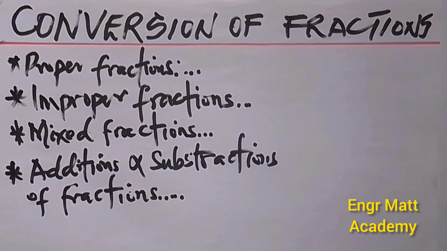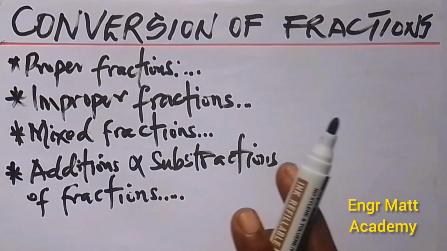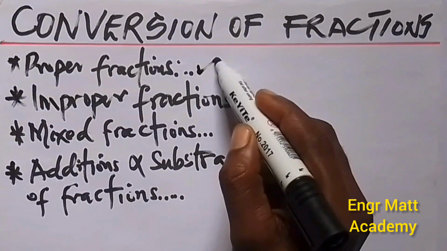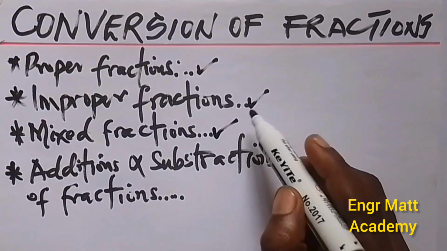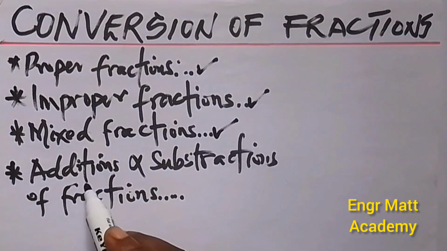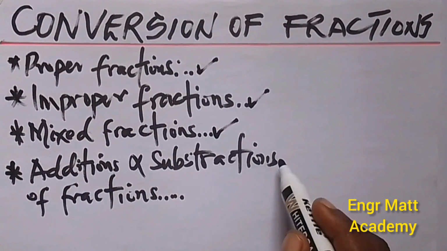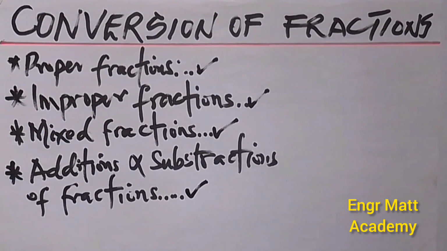Okay, this is a recap of our previous lesson. In the last lesson, we talked about the different types of fractions: proper fractions, improper fractions, and mixed fractions. We also did some addition and subtraction of fractions.